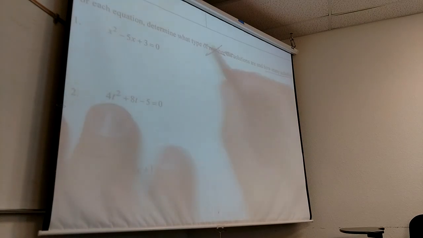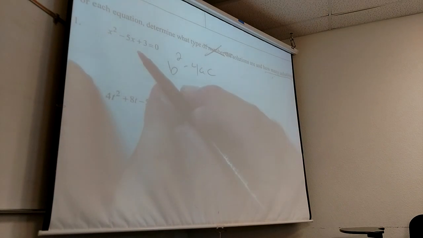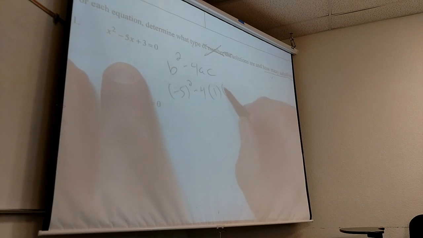So here, if they ask me what type and how many, I just look at b squared minus 4ac by itself. You don't do the whole formula. They didn't ask you what the answers are. What's b? Negative 5. What's a? 1. And what's c? 3.